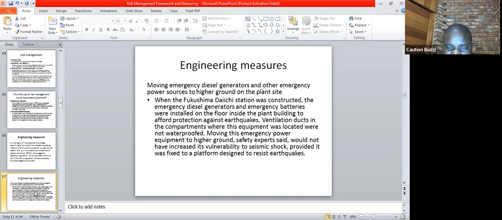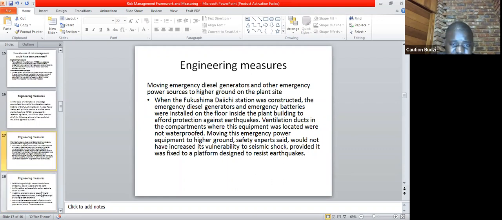So these emergency diesel generators were too low. They were at floor level, so they were prone to the risk of flood. So the idea was to move this power equipment to higher ground and also to waterproof the ventilation ducts so that they cannot be affected by floods.